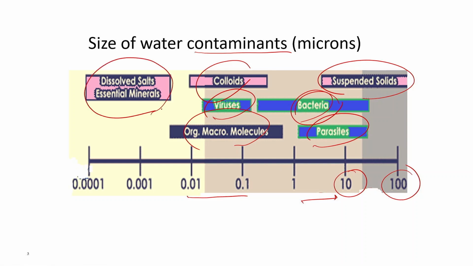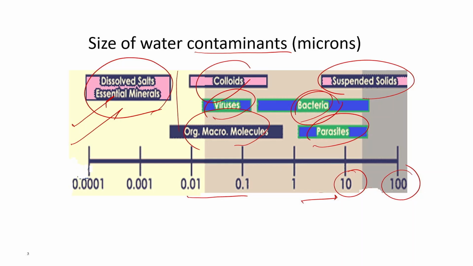Then different types of dissolved salts and essential minerals are also there. We have to see whether we want to remove all these salts or not. Depending on that, we have to select our water filter.